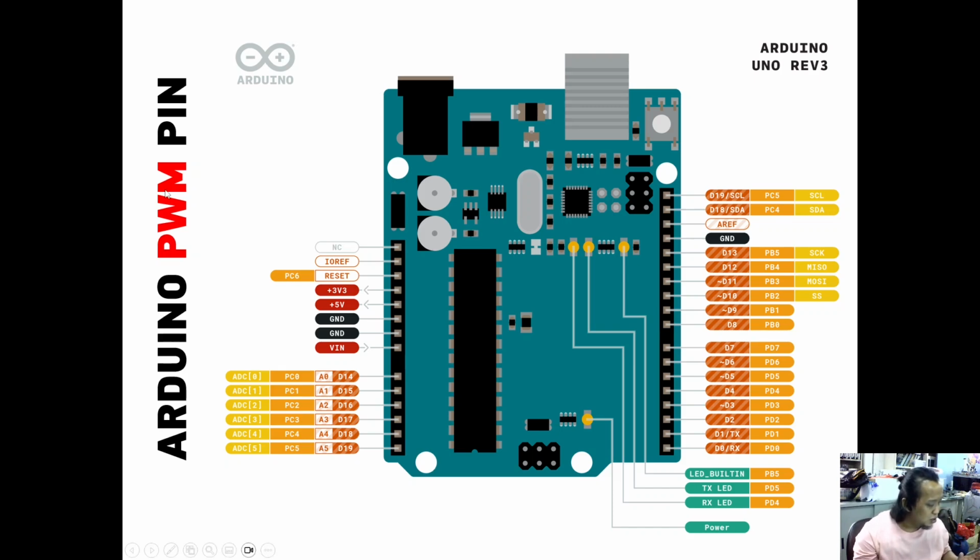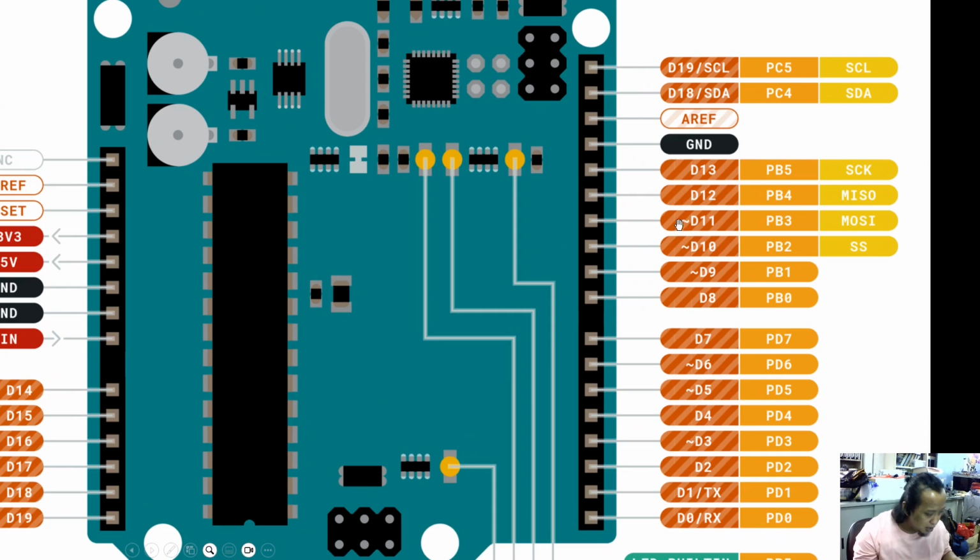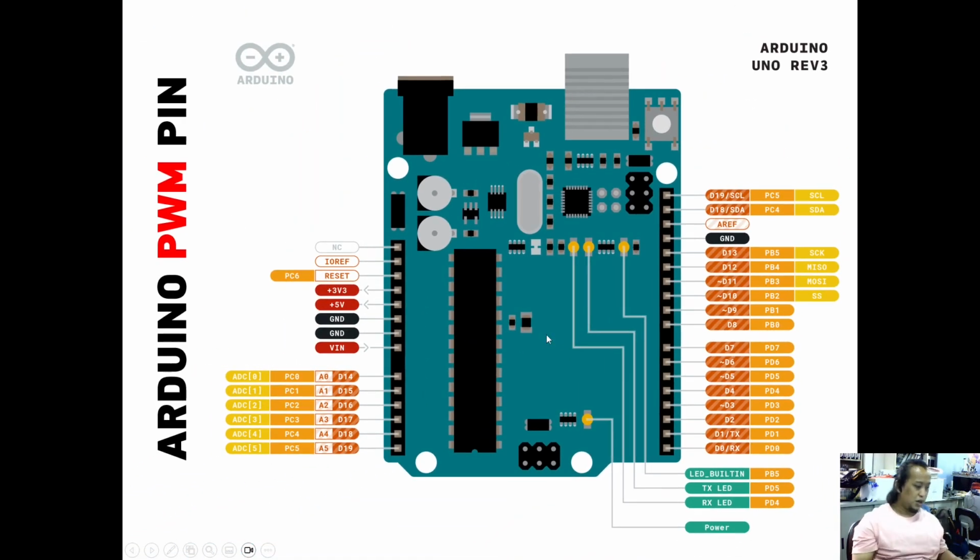So it should be some of these pins, the pins that have the PWM symbol like this one: pin 3, 5, 6, 9, 10, 11. Okay, that's a little bit of introduction about servo motor.